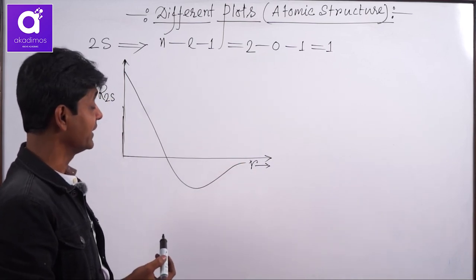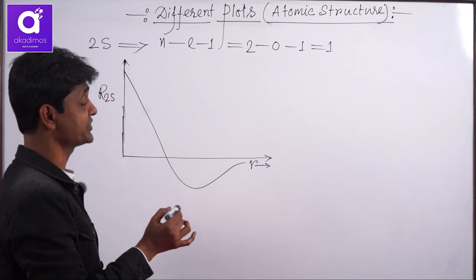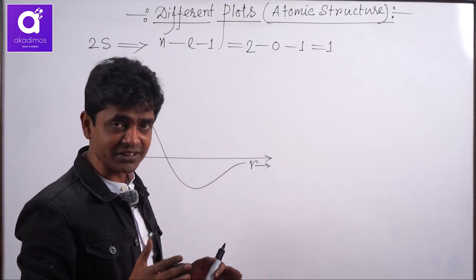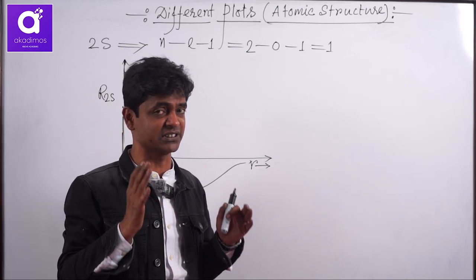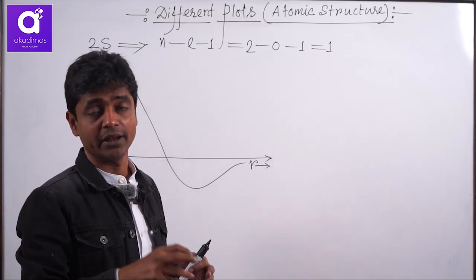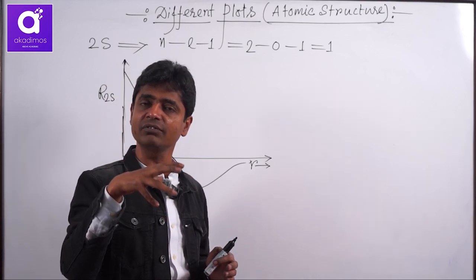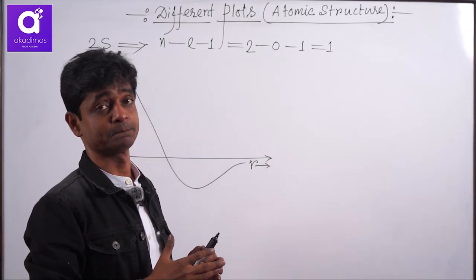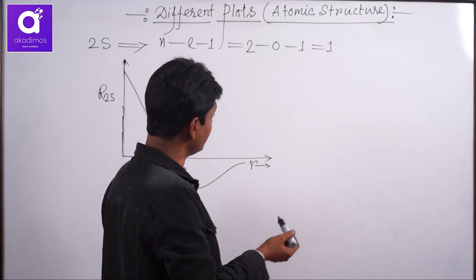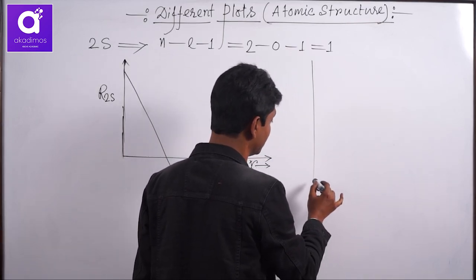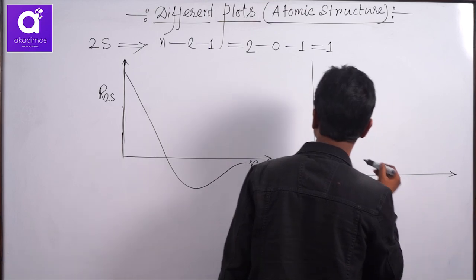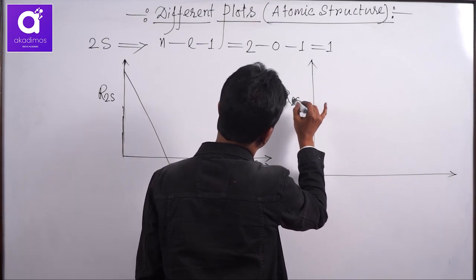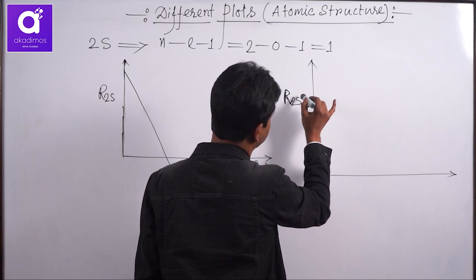Now, radial probability versus radius. Probability means square. Wave function square has a great physical significance. It defines the electron finding probability in a particular region. When I plot the radial probability of this 2s orbital, that is R2s squared, where capital R is the radial wave function.